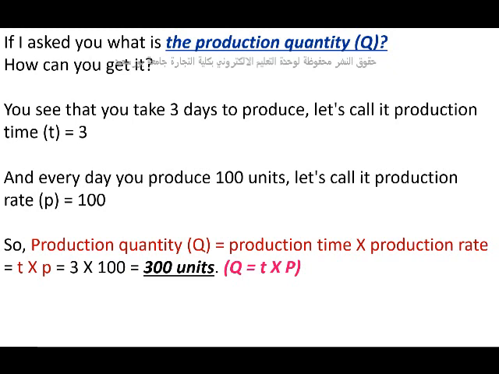Production quantity: you see that production takes 3 days. This will be T. Number of production equals 100 units, so 3 times 100 units will be 300 units, this is the quantity.